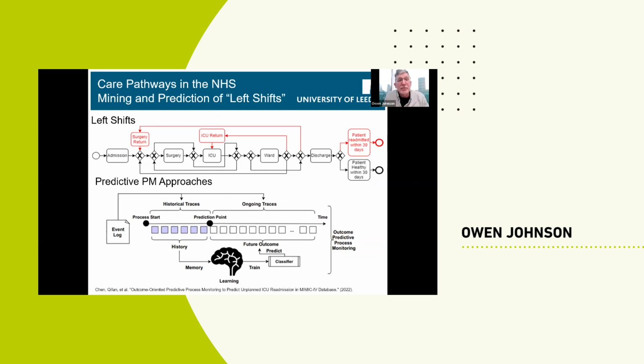The bad things might be these red boxes, like readmitted within 30 days would be a good example of something you would rather avoid. So if we can work through as patients are passing through our pathway, can we predict that? And we've done some reasonably positive work which suggests that we can predict patient outcomes as they're in the pathway and do some positive things to improve that.